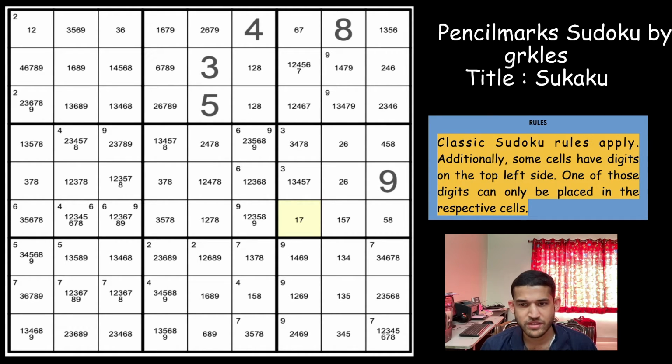Okay, I'm seeing that the 5 in this box can only be in these two cells, and that's not really useful. Oh, come on, not at this point, don't get stuck. So let me just quickly take.